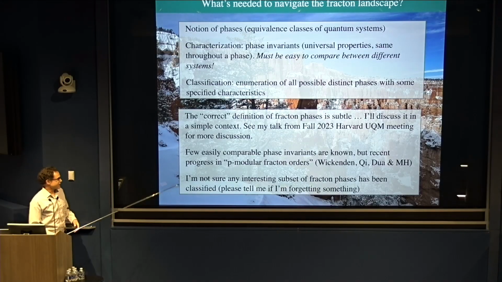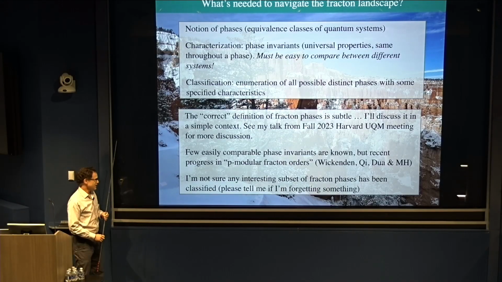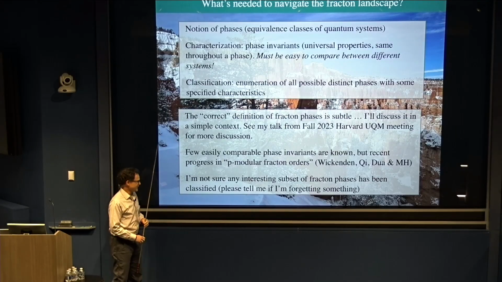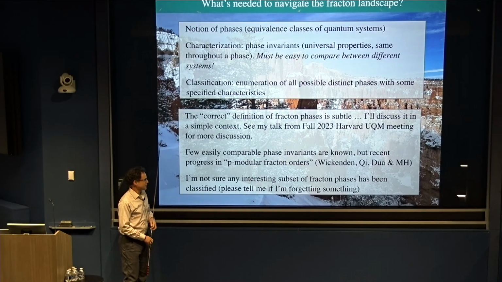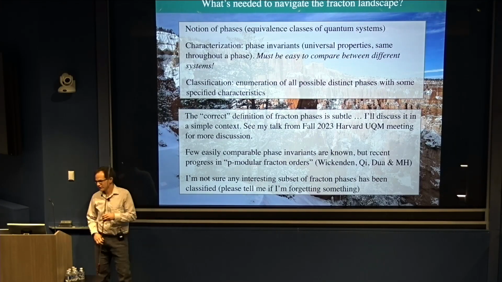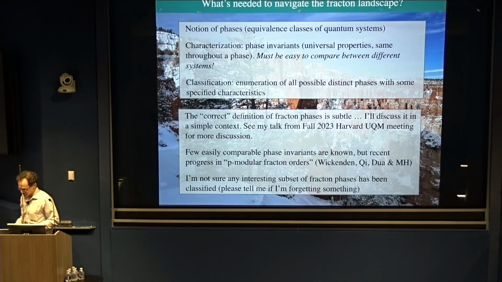And another thing I'd say is I'm not actually sure, though correct me if I'm missing something, that any subset of fracton phases has really been classified. I don't think there's an example of that, and I'm going to tell you about some, which I think are the first examples. They're pretty simple subsets, but they're not so simple that they're uninteresting.